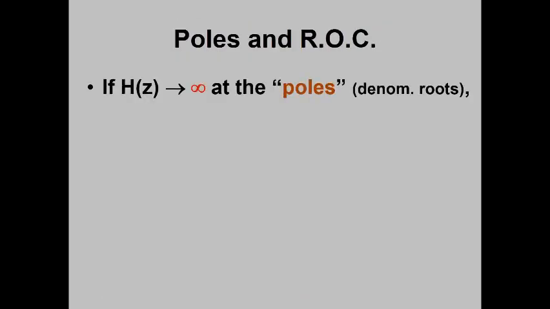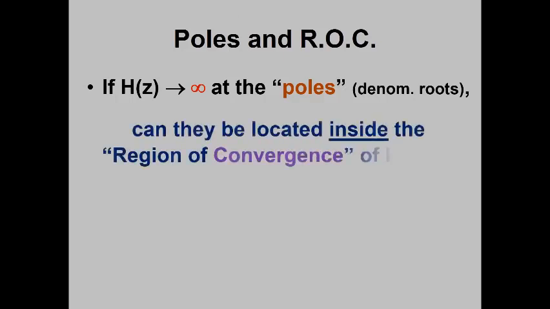Now, if H(z) wants to go off to infinity at the pole locations, the roots of the denominator, what do you think about whether the poles are allowed to be located inside the region of convergence of H(z)? Hopefully you're seeing that this is a mutually exclusive idea.